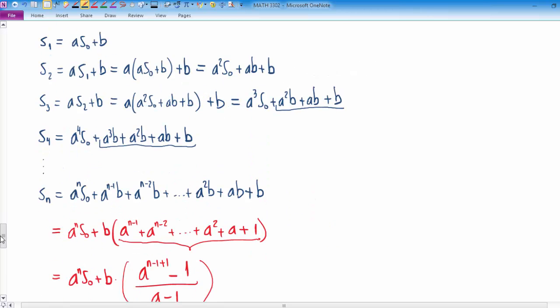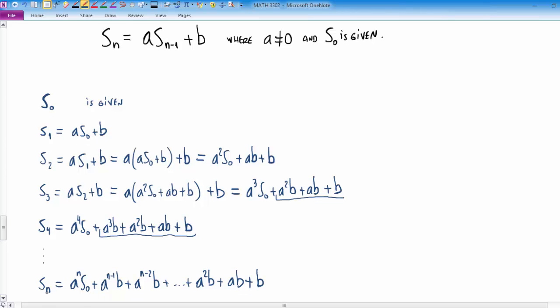So that gives us a pattern in general for Sn. Here we can see the pattern A raised to n minus 1 times B. And the very first term is A to the n times S naught.